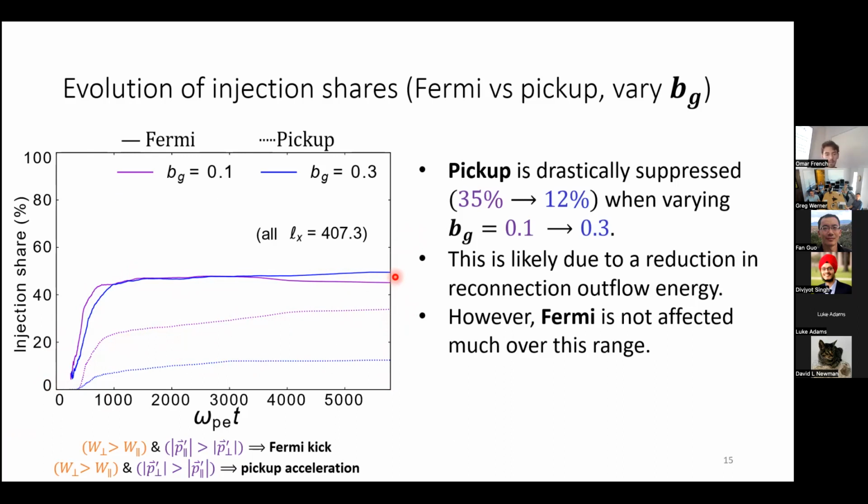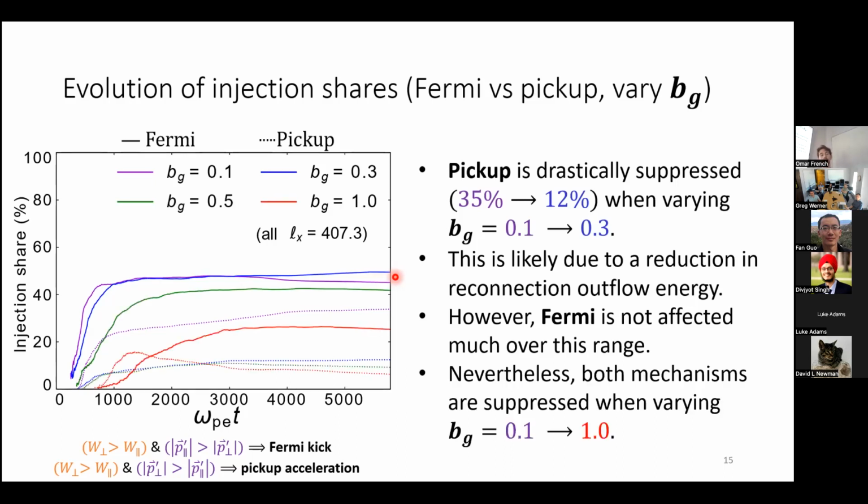So the perpendicular injection is going down as guide field is increased, but it's only the pickup mechanism that's going down, not the Fermi mechanism, correct, under this variation. However, when we increase the guide field even further, we see that both are suppressed. In order to suppress Fermi, you need stronger guide fields like 0.5 or 1.0.